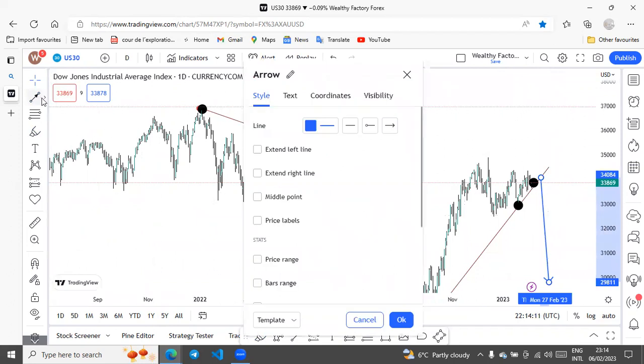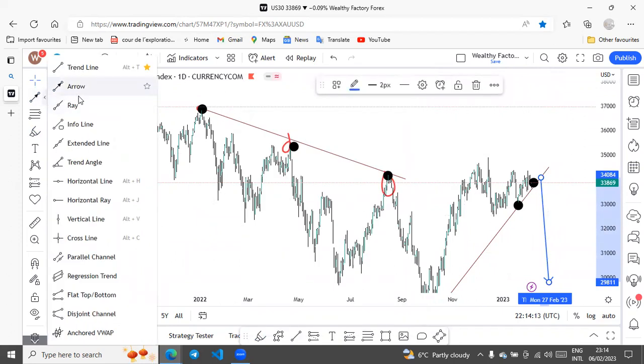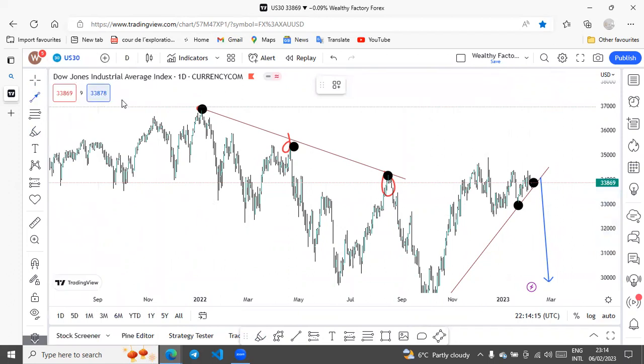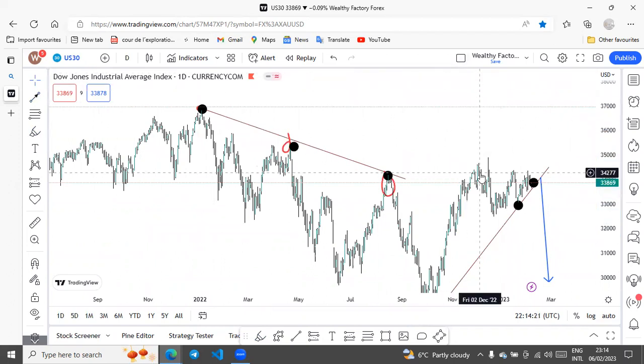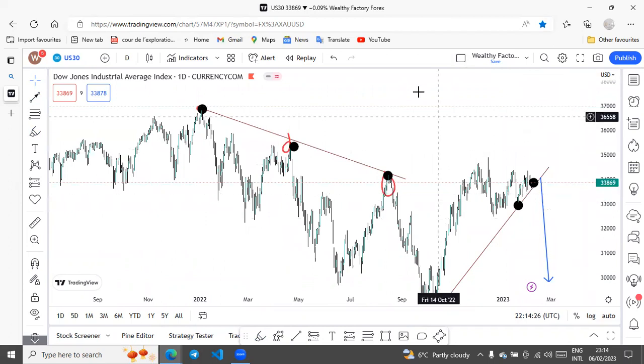So you just go here, click to select, then click, and drag it down or up, whichever direction you expect the market to go. This is to help you indicate the direction of the market you are expecting.